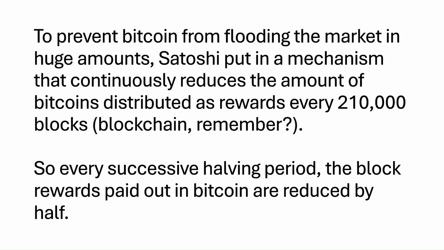It's a blockchain, remember? So you have one block connected to another block connected to another block. So once it gets to 210,000, the rewards will be halved. So every successive halving period, the block rewards paid out in Bitcoin are reduced by half.